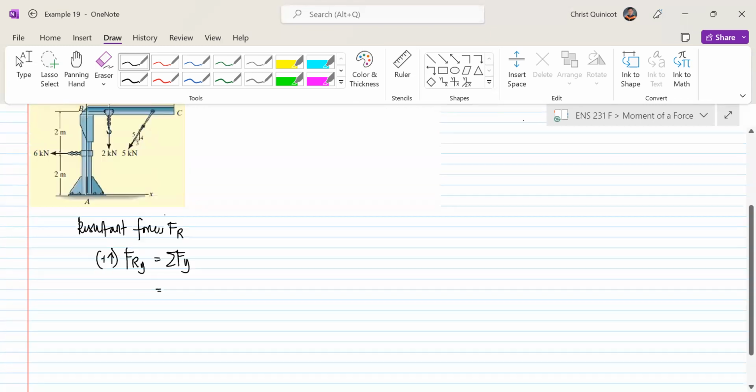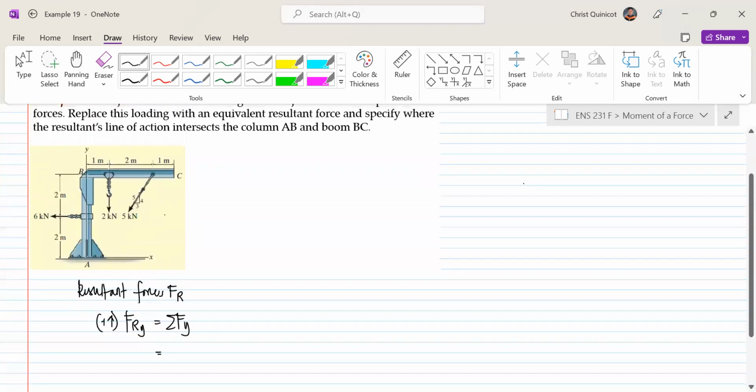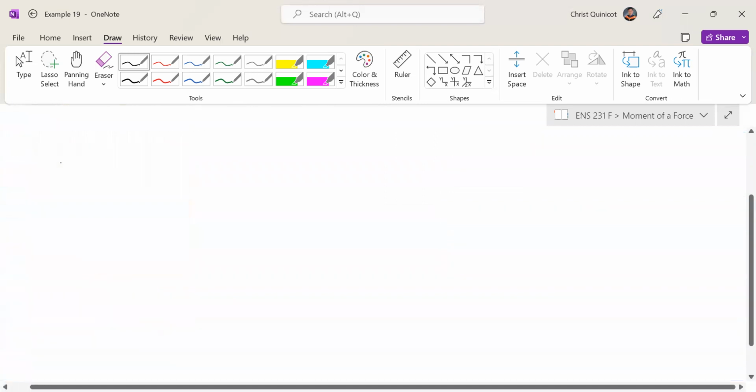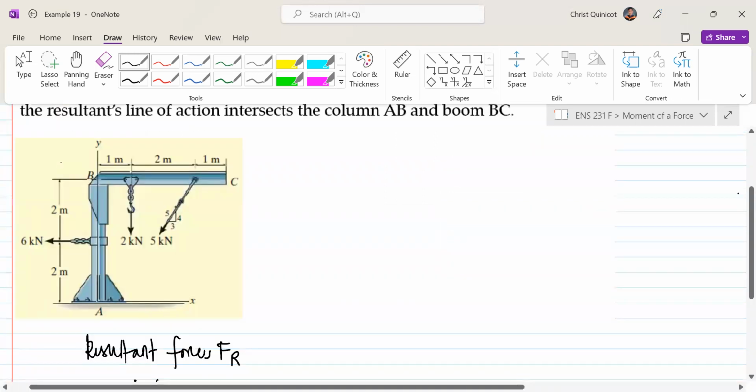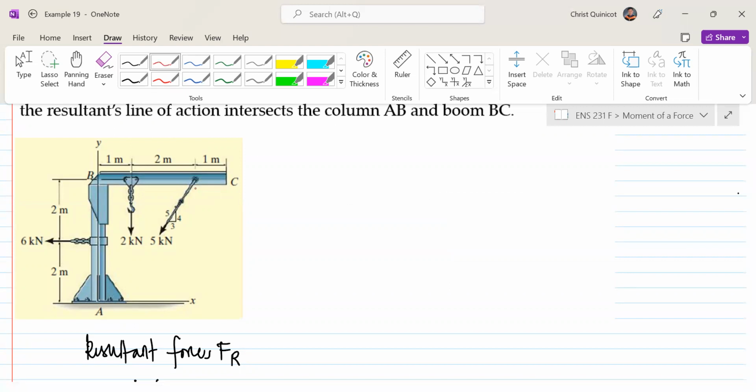Since our 5 kilonewton force is subjected at a certain angle, let us call this one 5 sub y going down and 5 sub x going to the left.